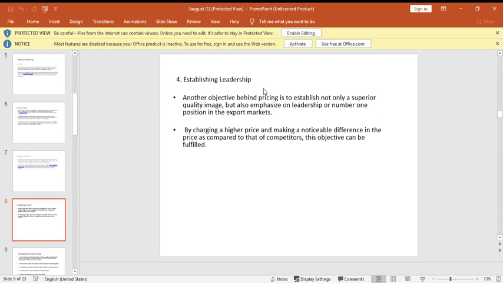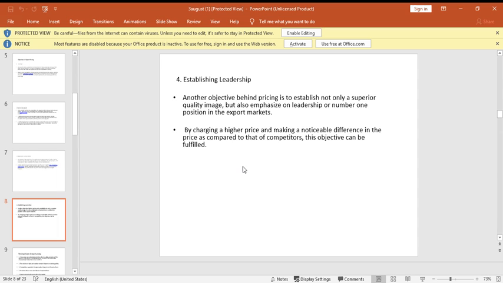And coming to establishing leadership. Another objective behind pricing is to establish not only a superior quality image but also to emphasize leadership or the number one position in the export markets. By charging a higher price and making a noticeable difference in the price as compared to that of competitors, this objective can be fulfilled.